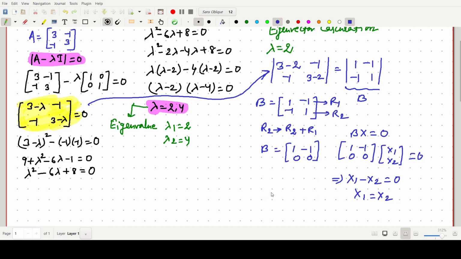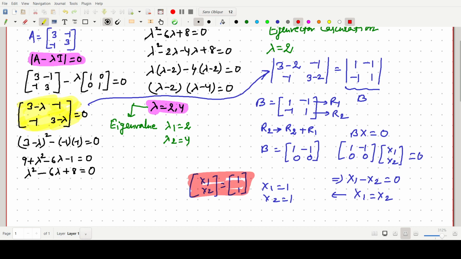Okay, so now if we put x1 equals to 1, x2 becomes 1. So the x1 x2 value is nothing but simply 1 1. So this one is nothing but simply our eigenvector.